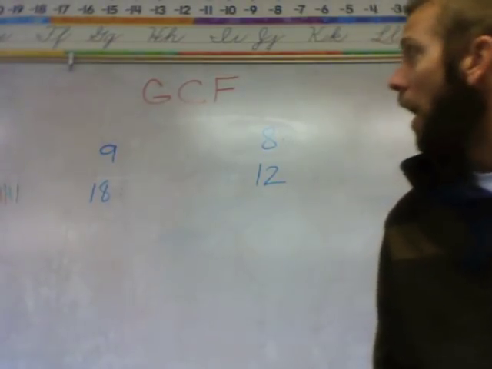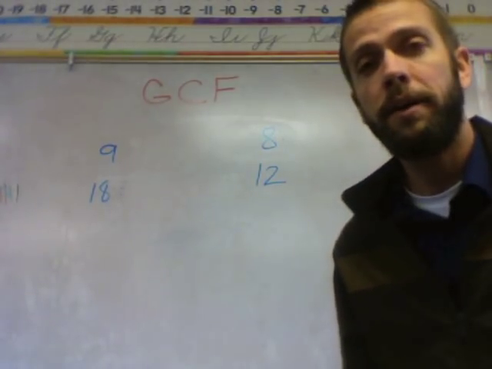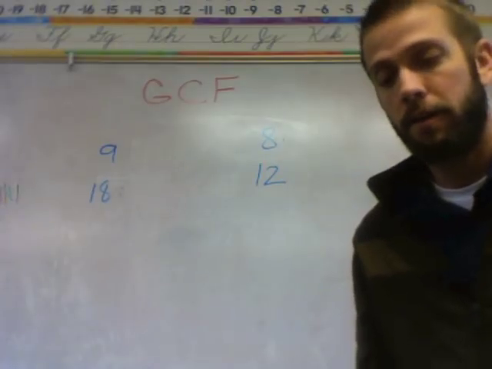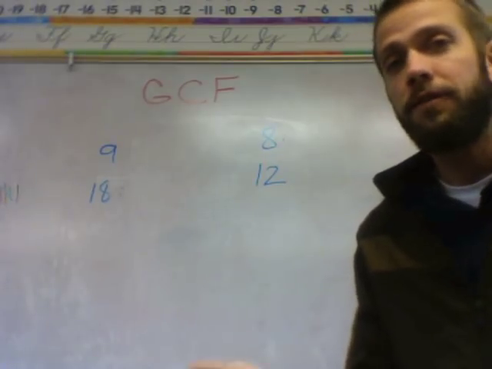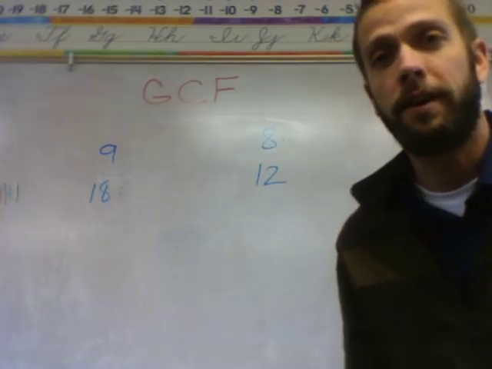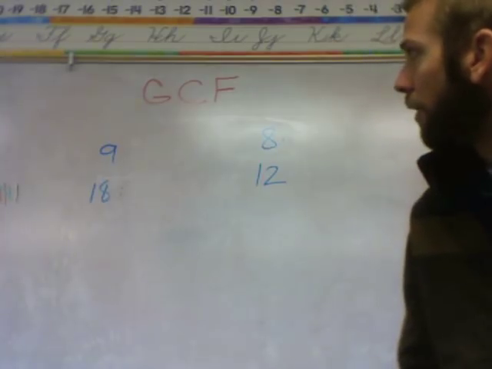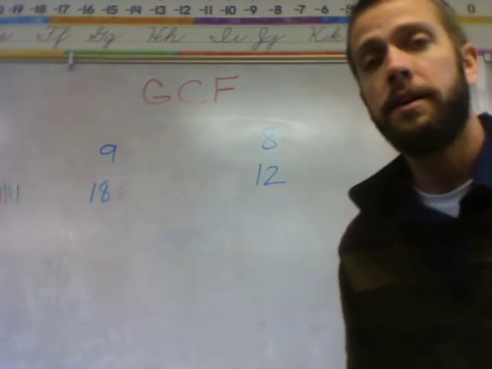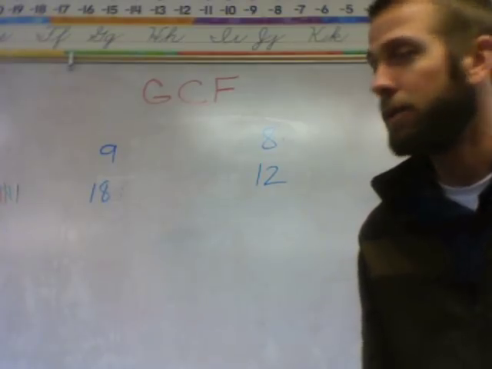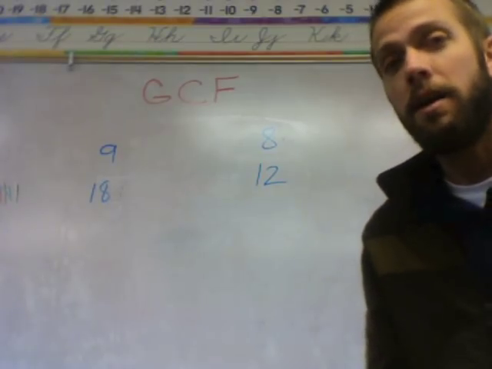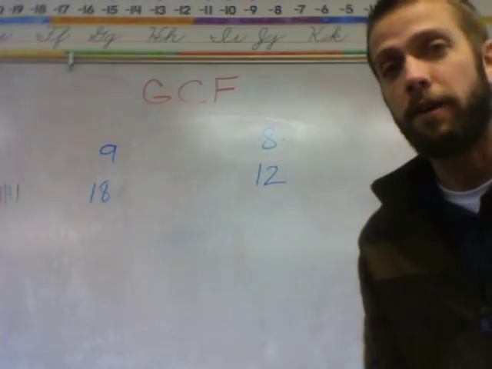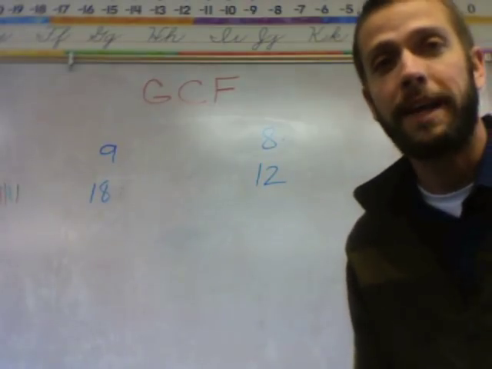Okay. And common are when you find factors that fit into more than one number. Several numbers might have that factor in common. For example, we said 3 fits into 9. But doesn't 3 also go into an 18? That is a common factor. Those both have that number in common.